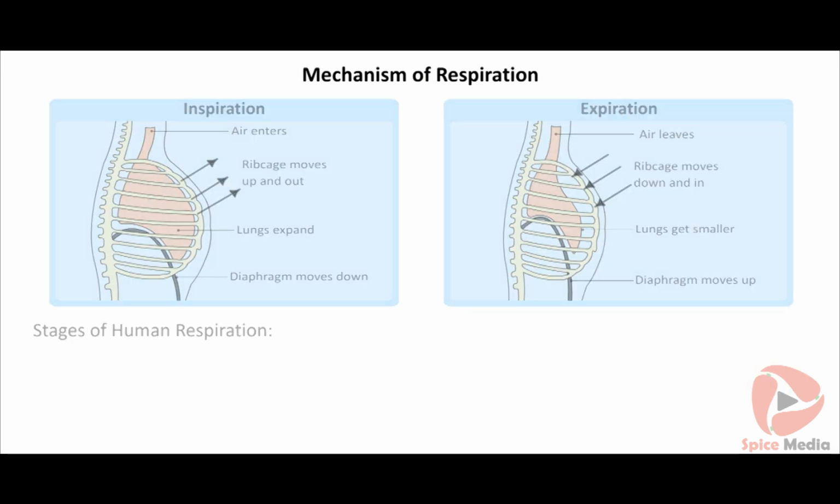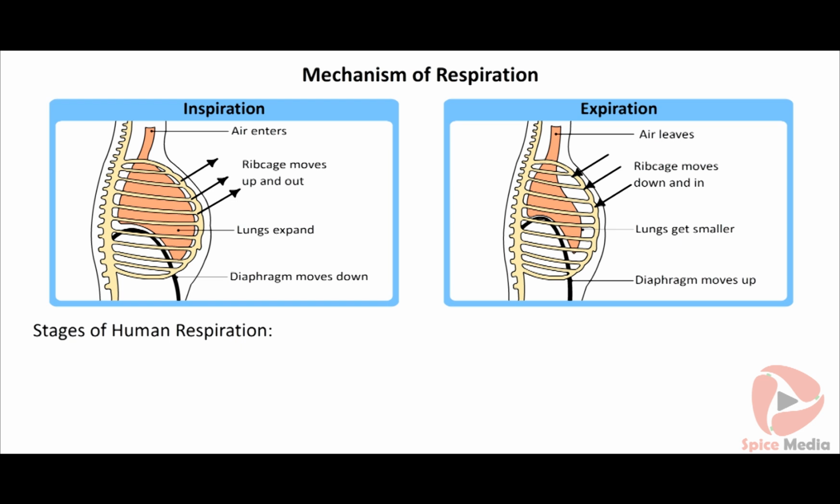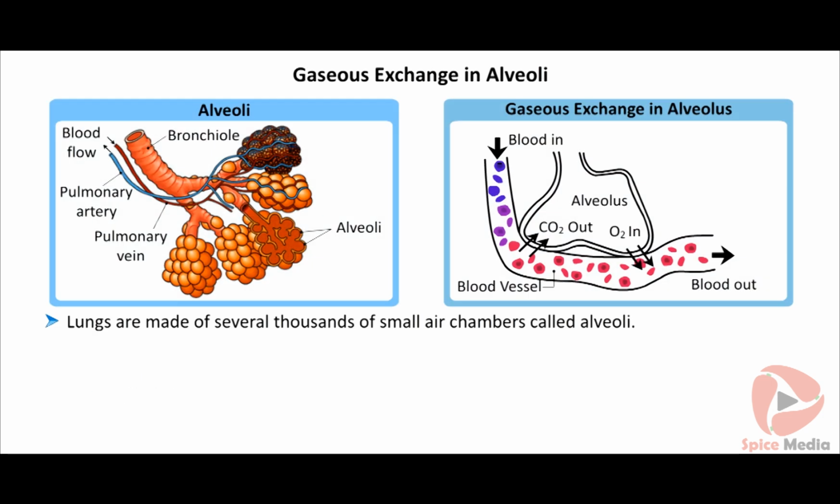Mechanism of respiration in man involves two stages. They are inspiration and expiration. Lungs are made of several thousands of small air chambers called alveoli. Alveolus is the structural and functional unit of the lung.